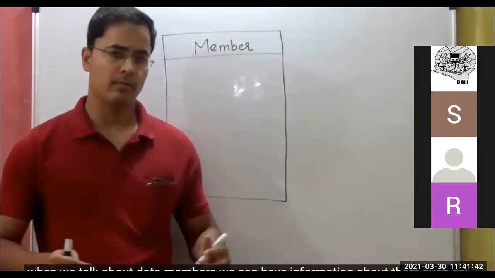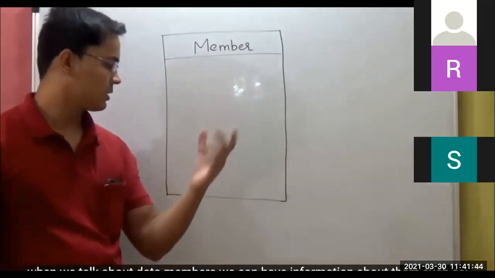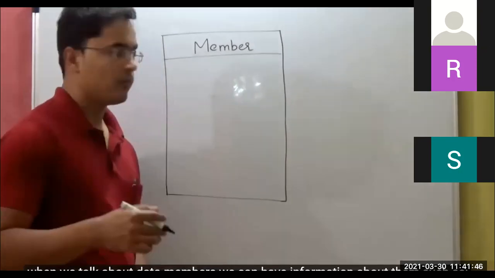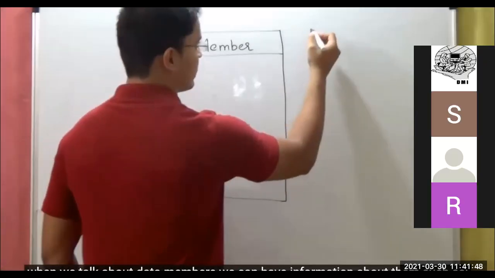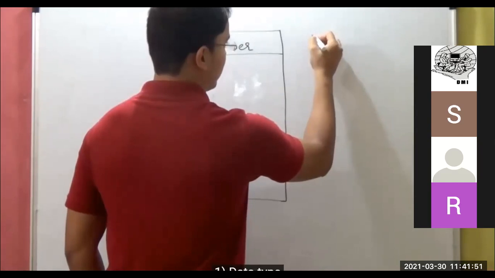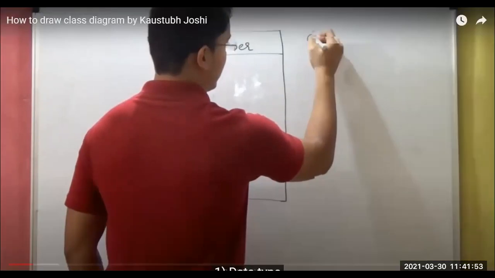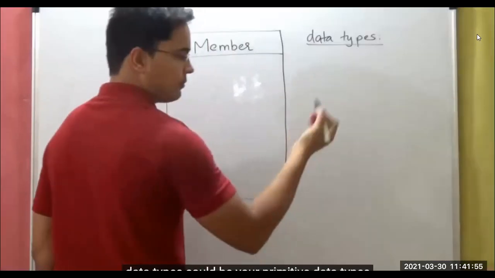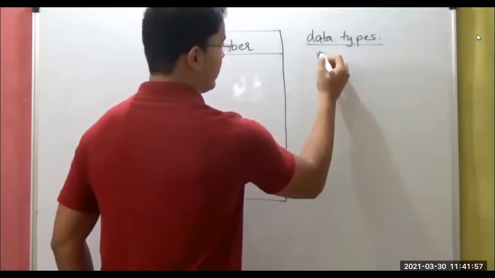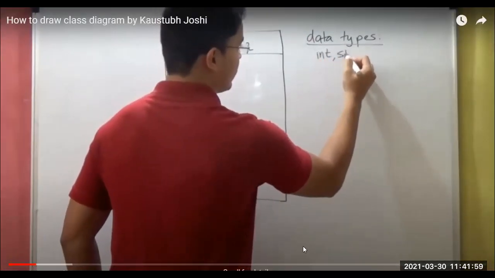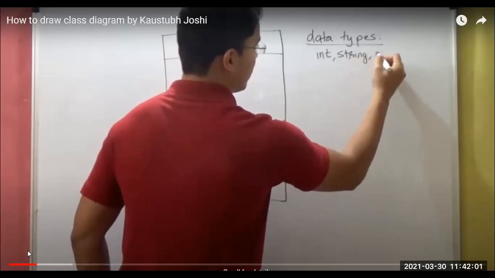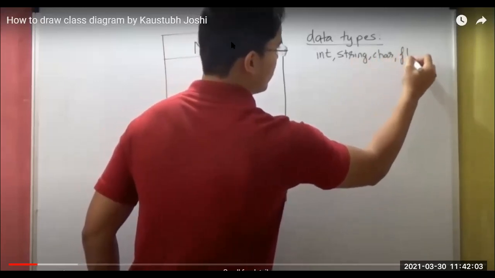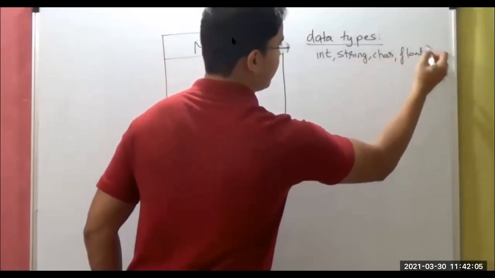When we talk about data members or variables, instance variables of the class, we can have information about them such as data type. Data types could be your primitive data types like integer, string, char, float, etc. The primitive data types, right?